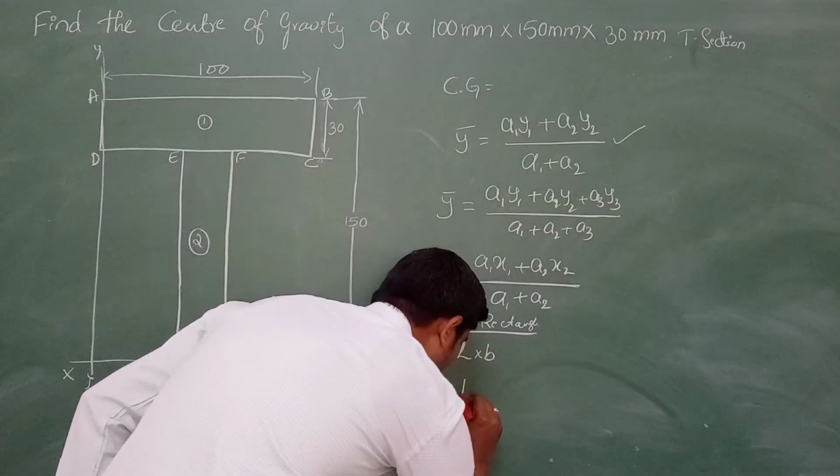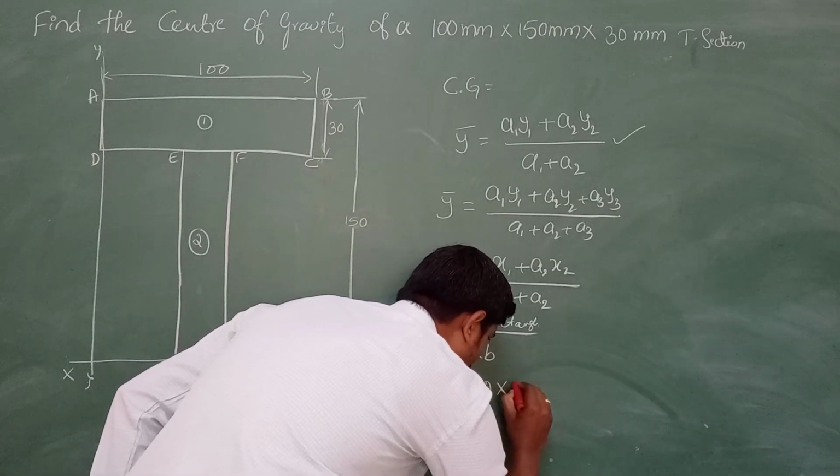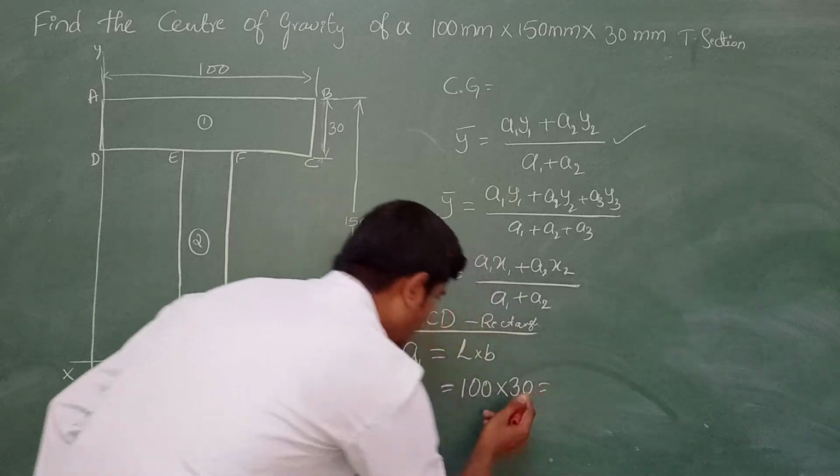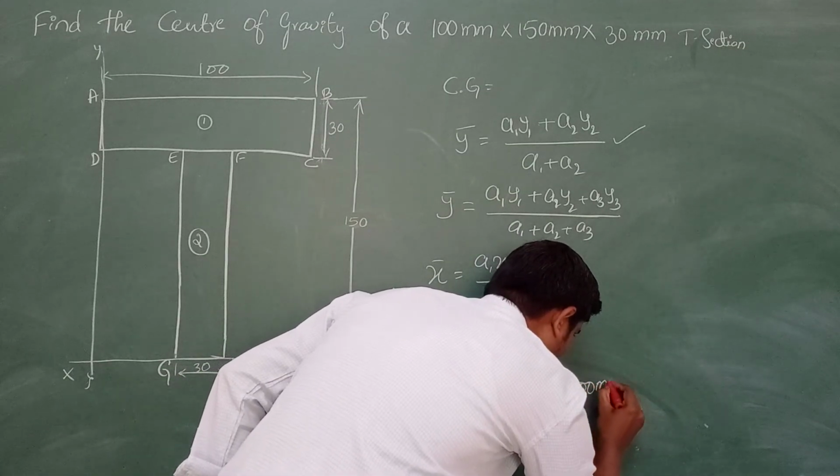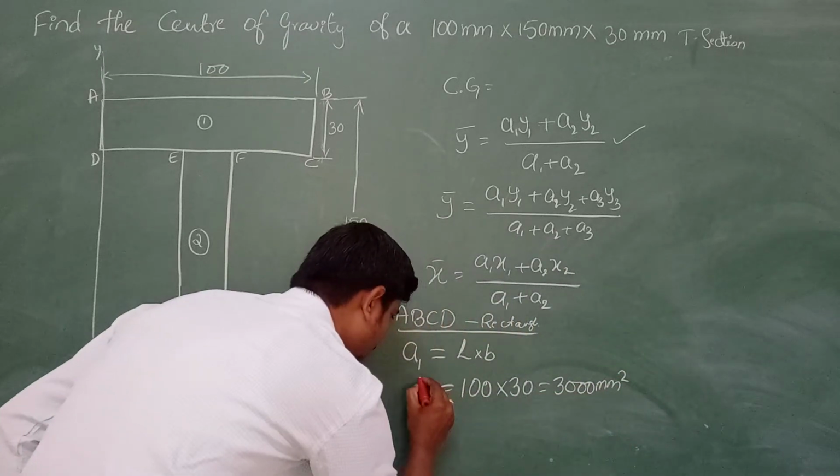The area of the first web is equal to 100 into 30, which is 3000 mm square. This is A1.